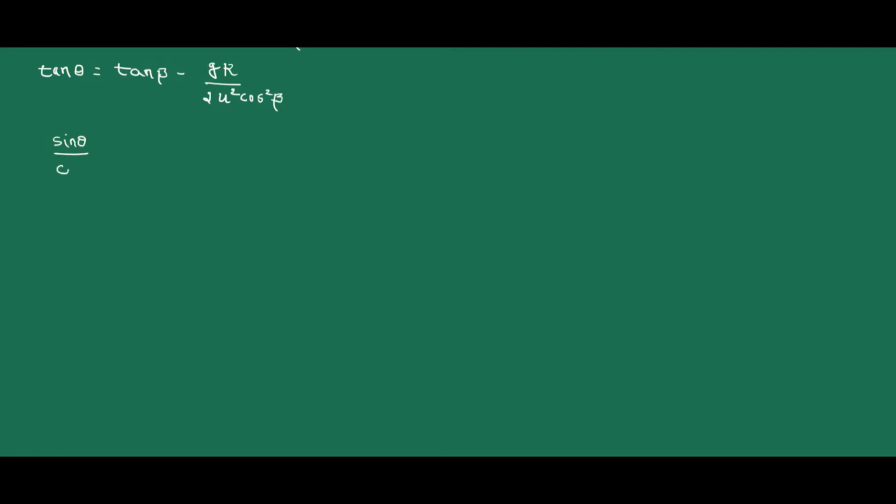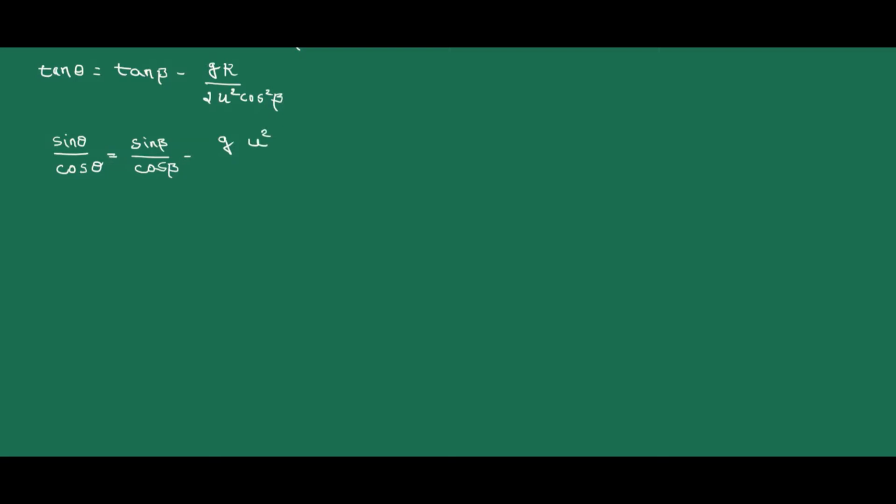Sin theta divided by cos theta is equal to tan beta. We can write it as sin beta divided by cos beta minus gR. R value is equal to, substitute the value for R. R value is equal to u square sin 2 alpha divided by g.